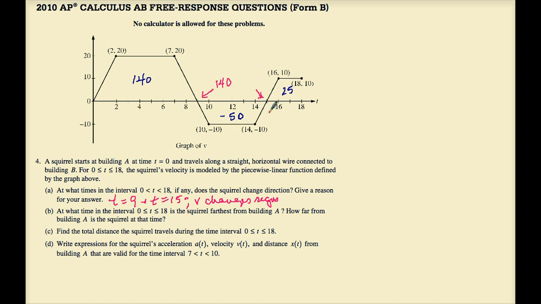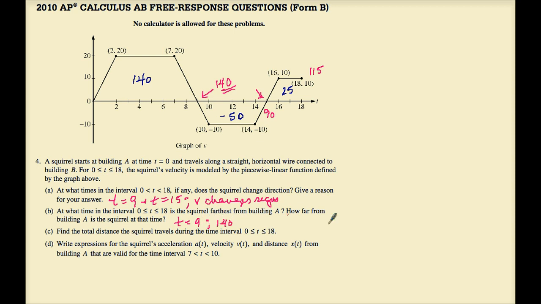So at time t equals 15, the squirrel was at position 90. Then he changed directions again and went 25 units to the right. So at time t equals 18, he was at position 115. Therefore, at time t equals 9, he was furthest from the building. So that's our answer. At time t equals 9, how far from the building?